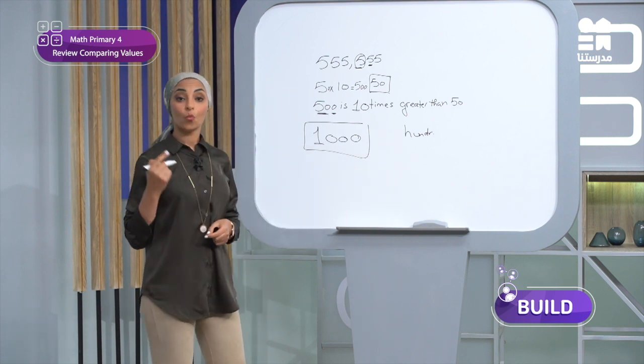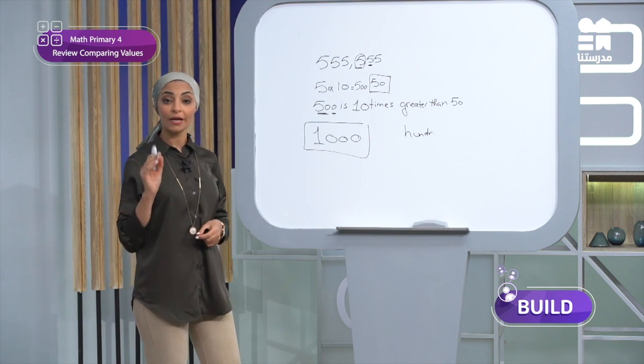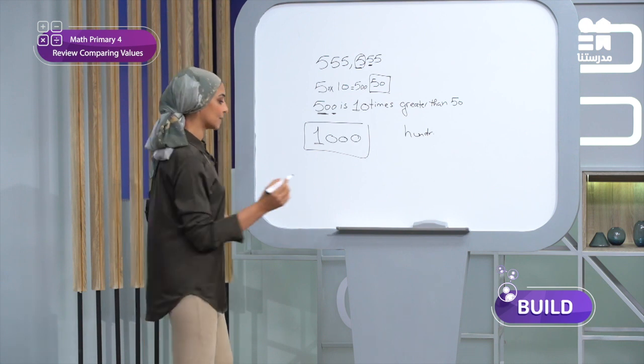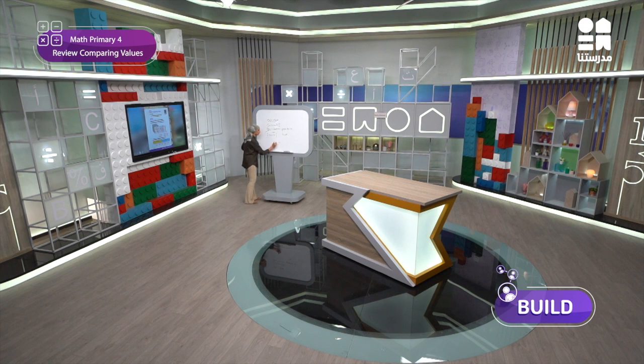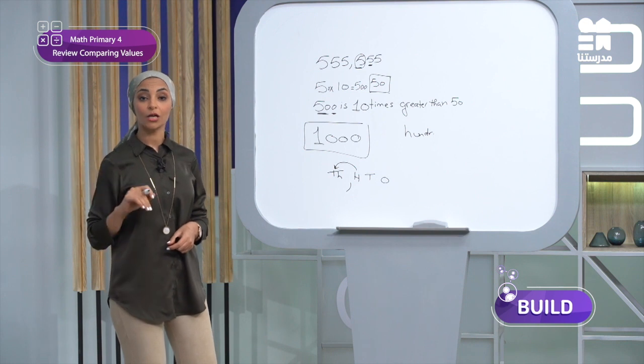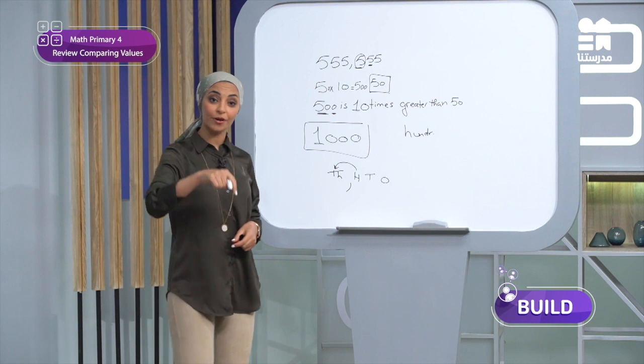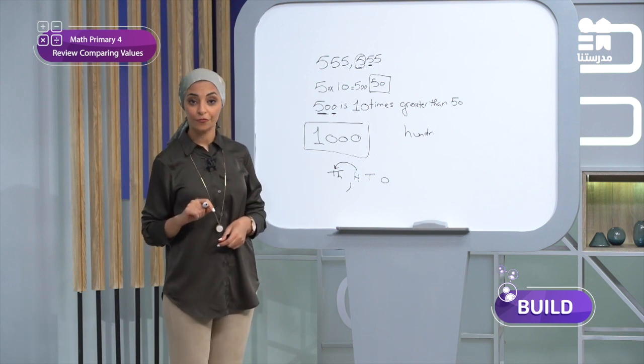We know that the 1,000 place is the value directly after the 100. I now have ones, tens, 100, then 1,000. So the 1,000 comes right after the 100, right? In the previous lesson, we learned that the 1,000 place is 10 times greater than the value before it.